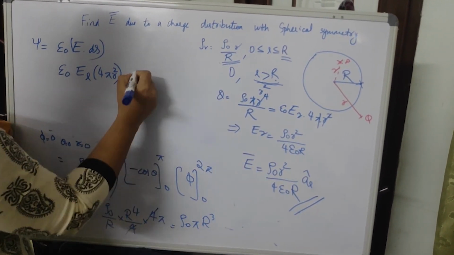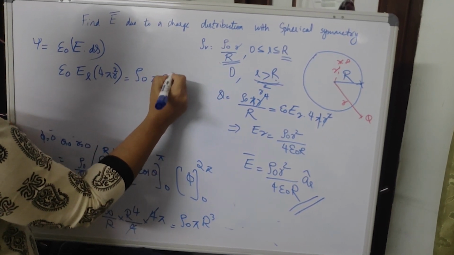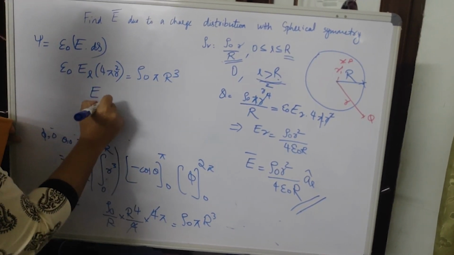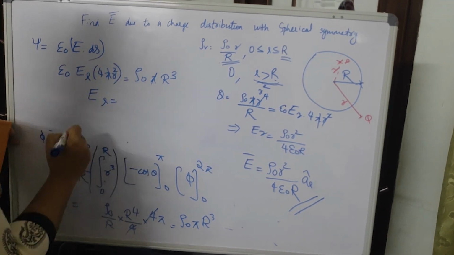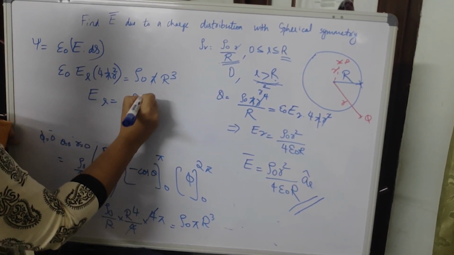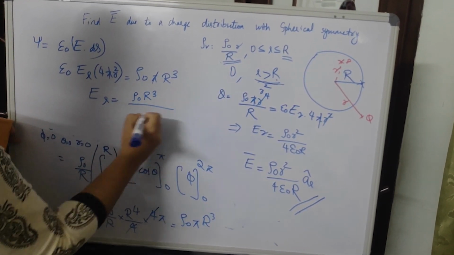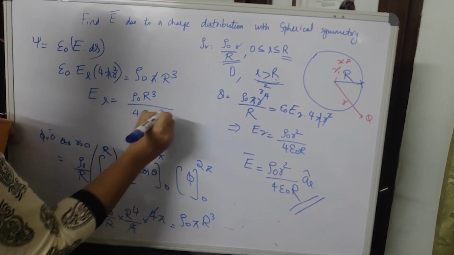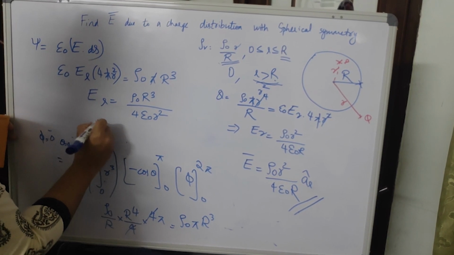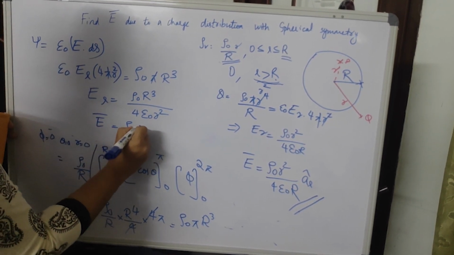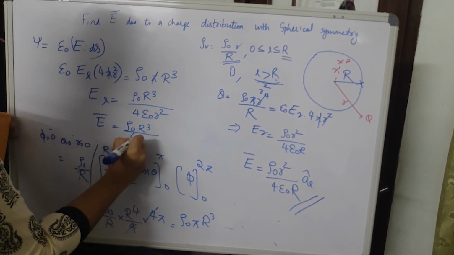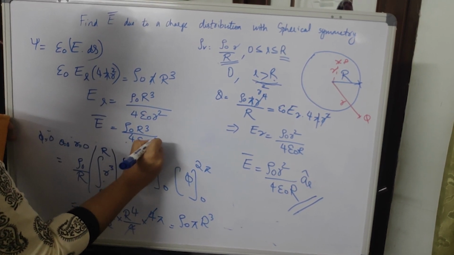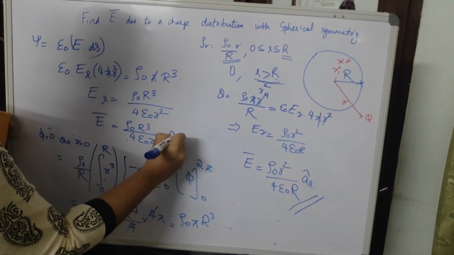You are equating to this rho naught pi R cube, and as pi gets cancelled, you will be getting Er as rho naught R cube divided by 4 epsilon 0 r square. So when you write vector E, it will be rho naught R cube divided by 4 epsilon 0 r square into unit vector aR.